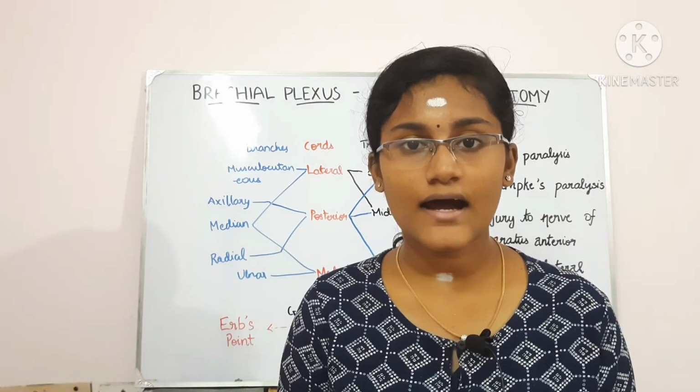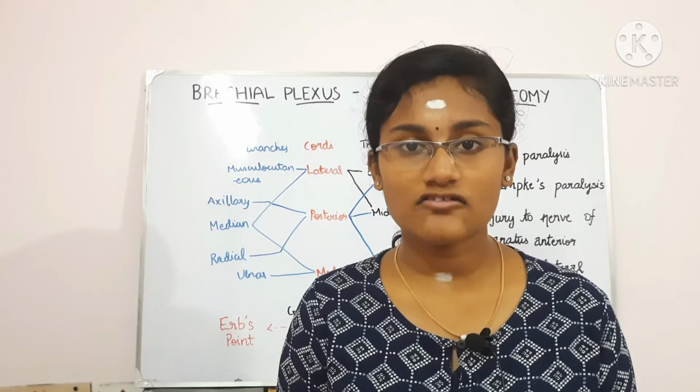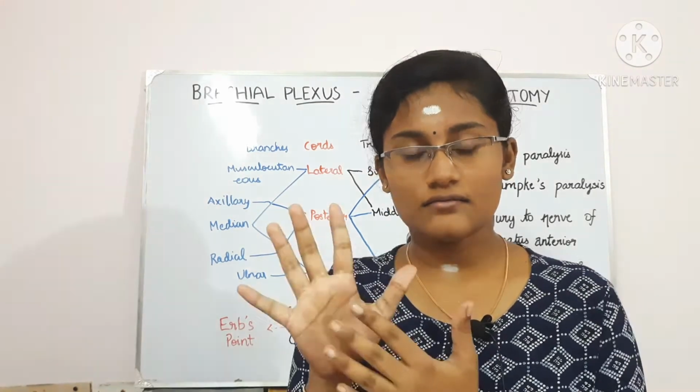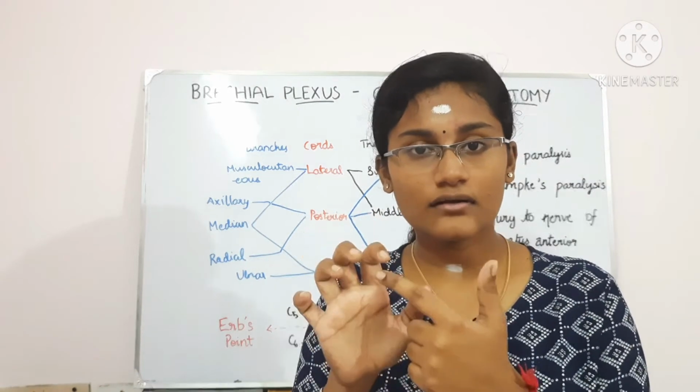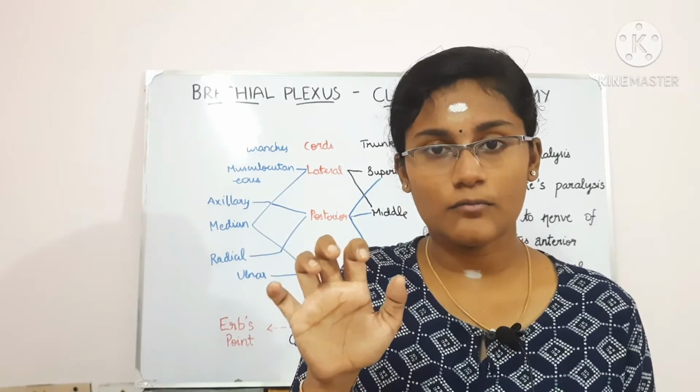Okay, so this causes hyperextension in the metacarpophalangeal joints and flexion in the interphalangeal joints. This region is in hyperextension and the interphalangeal joints are in flexion. So this is how the claw hand is formed.